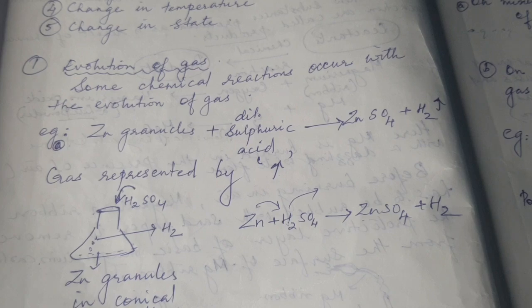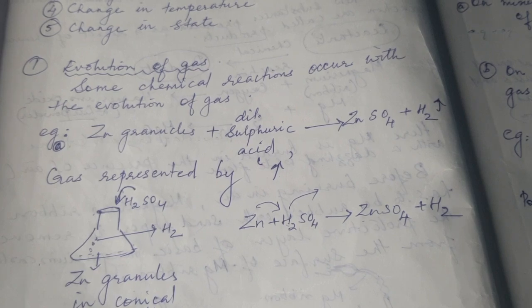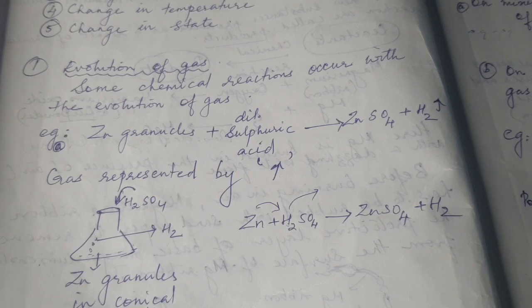So we'll see the evolution of gas. We'll have some examples. Okay, so you can see I've written over there zinc granules. In the textbook also it is given, zinc granules are taken in a conical flask, and then you are adding some drops of dilute sulfuric acid. The formula of sulfuric acid is H2SO4, right?